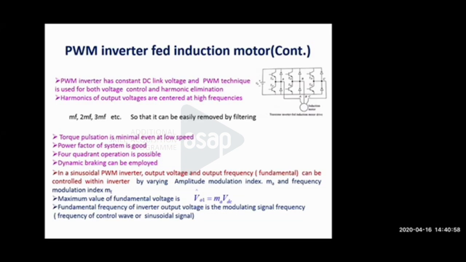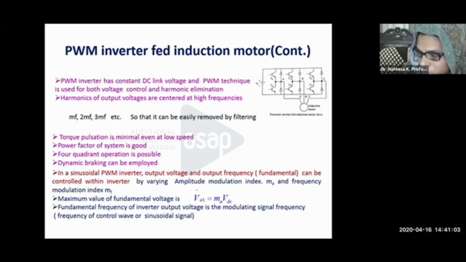That is why flux phi is proportional to V by F. If you want to operate the machine with constant flux and you vary the frequency to control the speed, then your flux may change. So if you want to work with constant flux, you need to vary the voltage also at the same time, so that V by F is maintained constant.